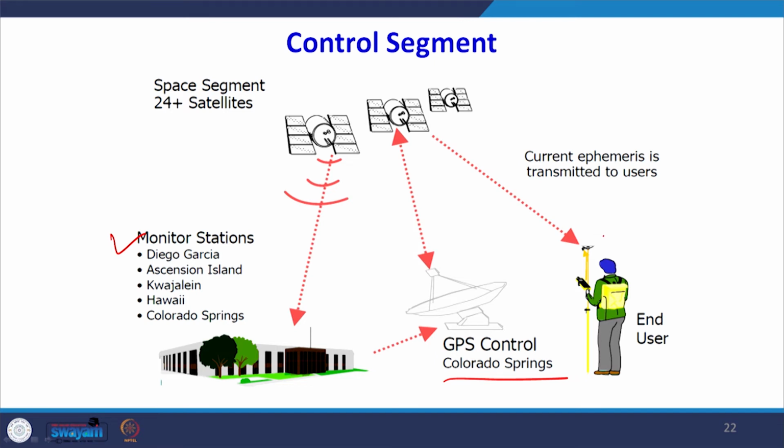This is a user with the receiver at the end receiving the signals, and these satellites are communicating with the control stations also. So, all those 24 satellites are continuously communicating with the control station.